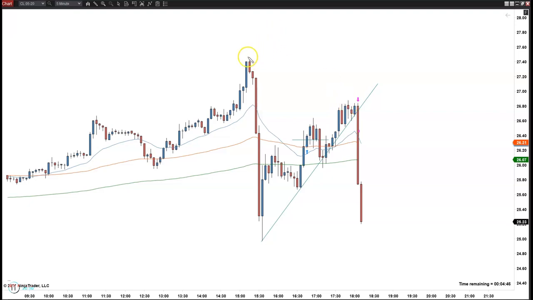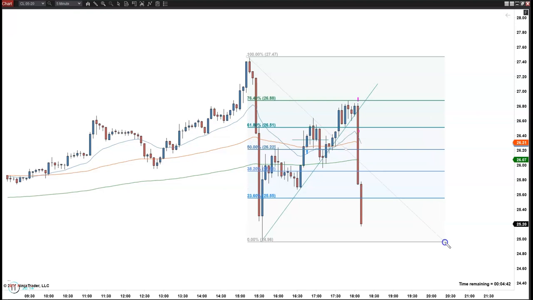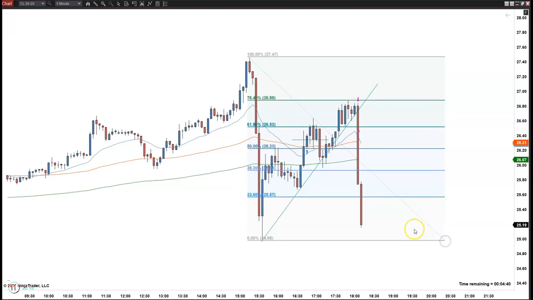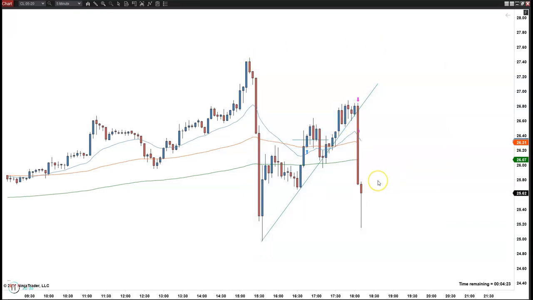Let me just see. Right, because that's what happened. Price started to fall from here and fall all the way till there. So 618 would be somewhere around here. So the price respected 618 and then came in at 76.4. Never mind. So that was the trade.